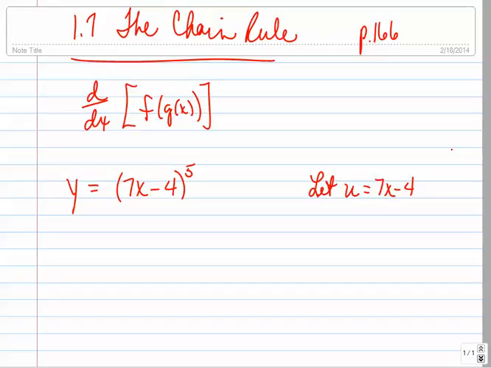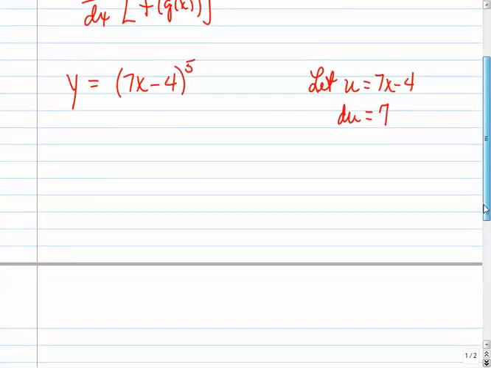Now, when we're finding the derivative of the whole function, we're going to have to find the derivative of 7x minus 4. So let's say that du is equal to the derivative of u, or 7x minus 4, which is 7.